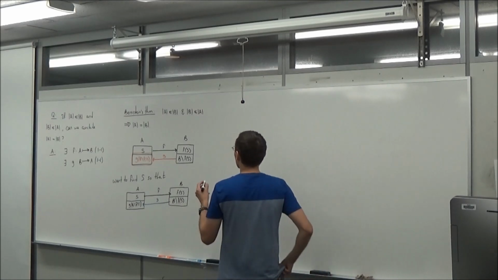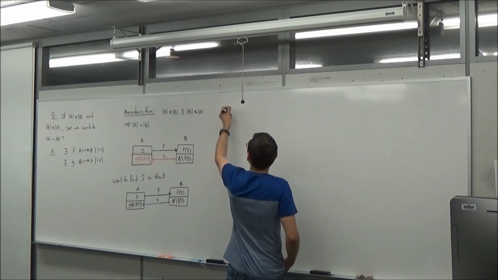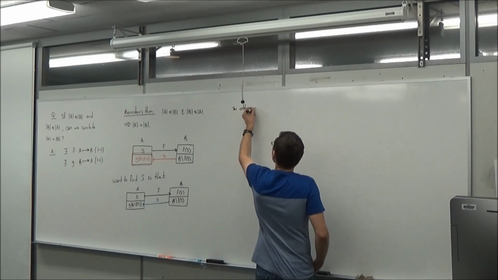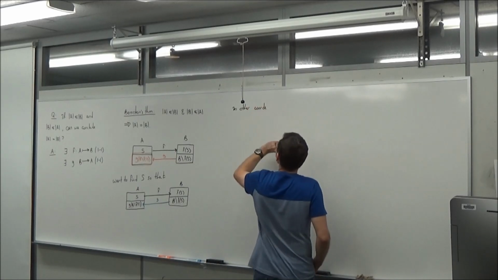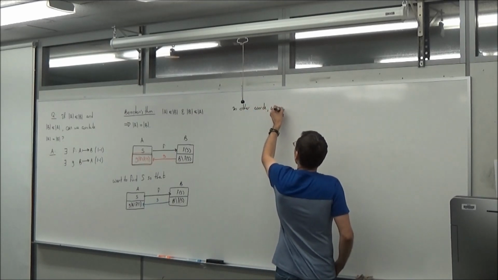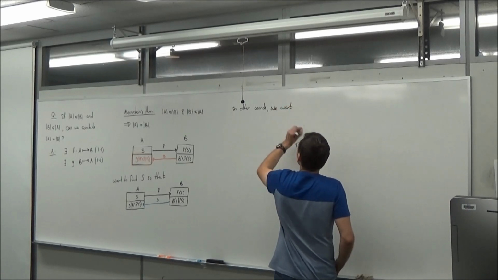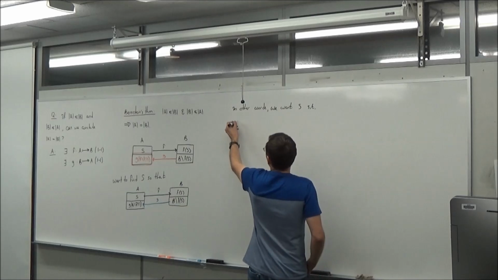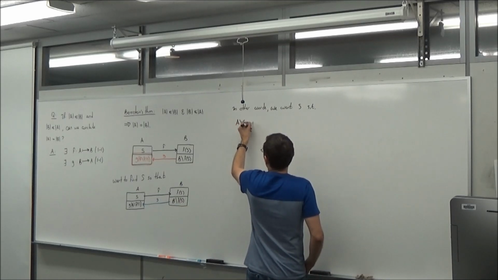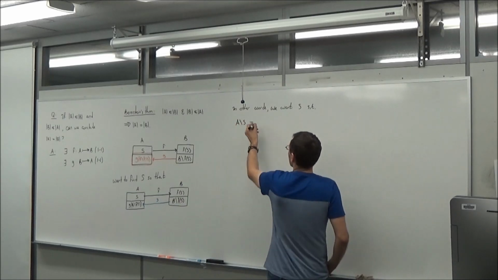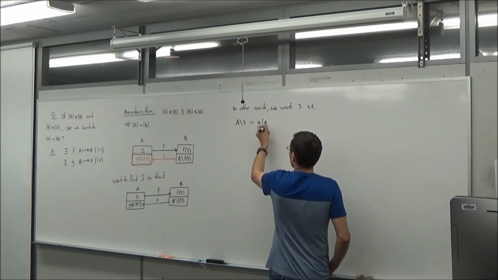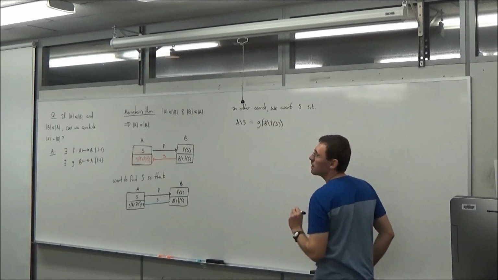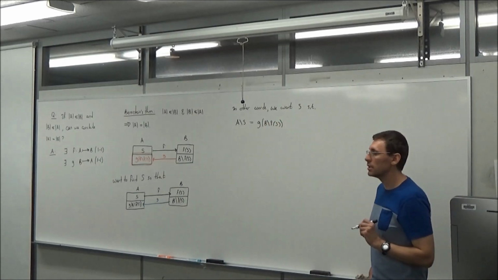So here is what we want. In other words, we want S such that if I take A and I remove S, I get the same thing as G applied to B, remove f of S. You see this?